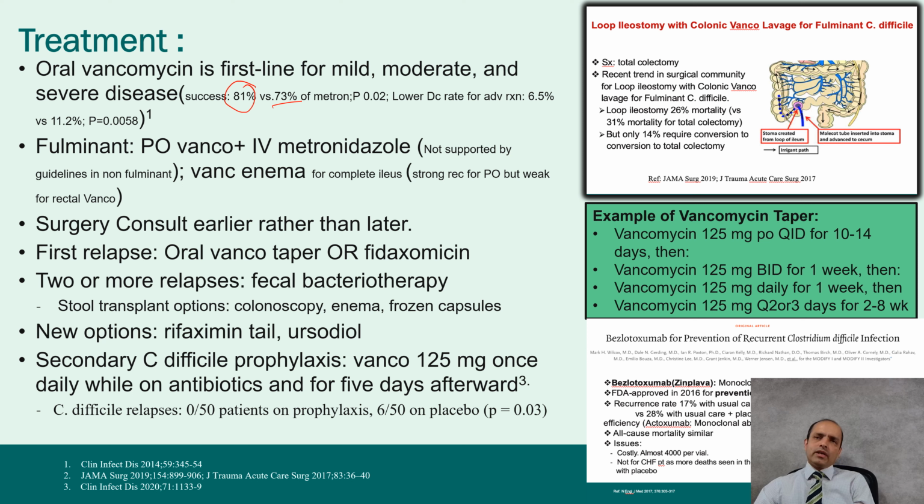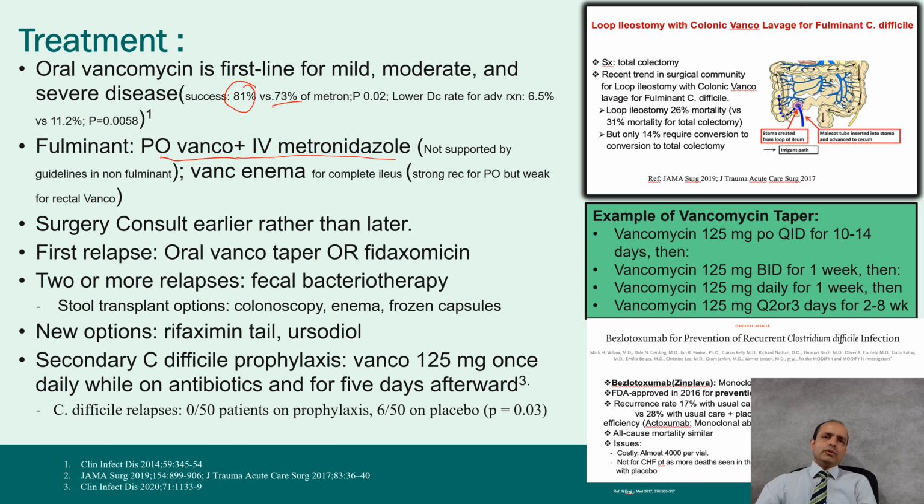For fulminant disease, you give PO vancomycin and IV metronidazole, but for non-fulminant disease, guidelines do not support the use of combination. Vancomycin enema can substitute for PO vancomycin if your patient has ileus and there is a concern that PO vancomycin is not reaching the site of infection. Consider a surgery consult sooner rather than later.